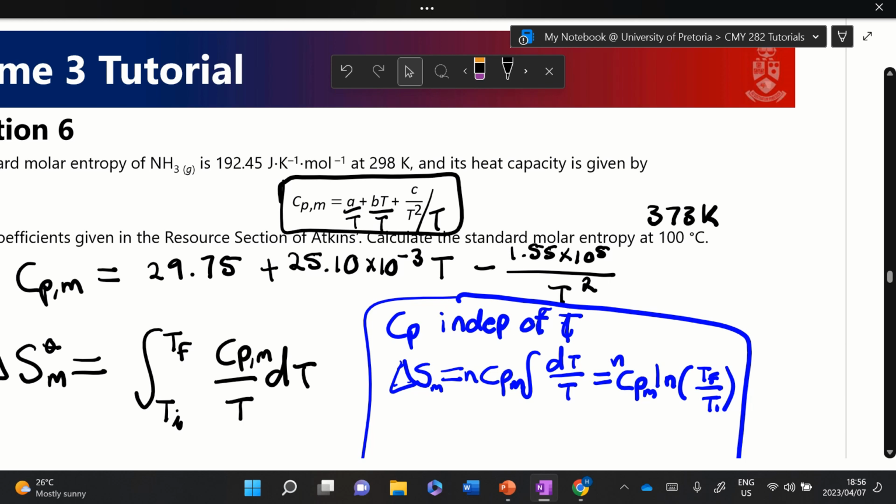I could give you that CPM is equal to e to the power minus t over alpha, and then tell you calculate the entropy change. You understand? Because it's just a function of temperature. And then tell you whatever alpha is. Alpha is 7, for example.